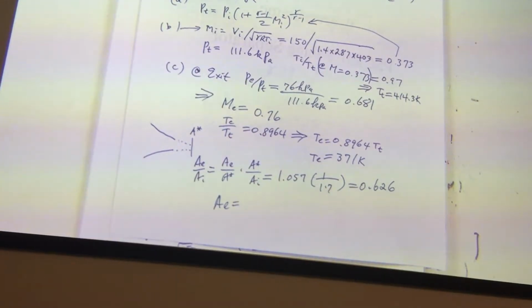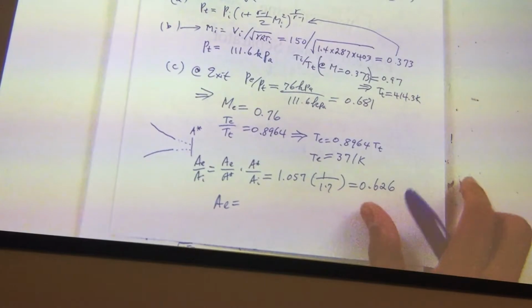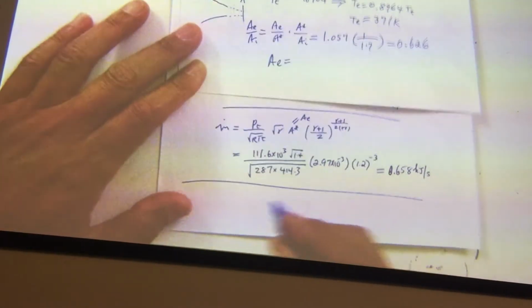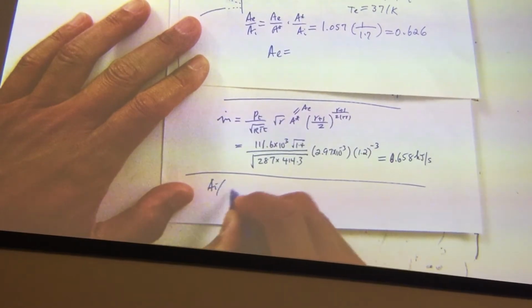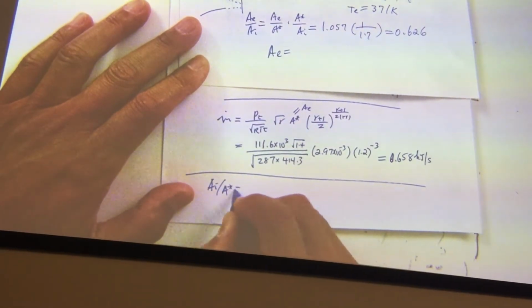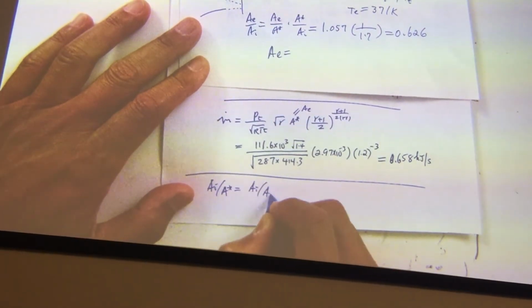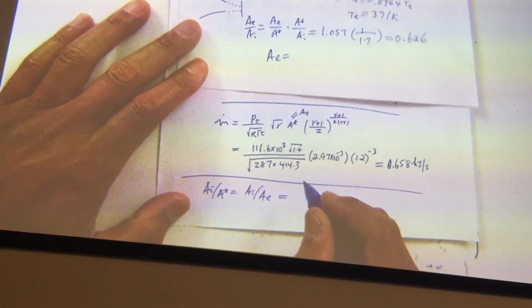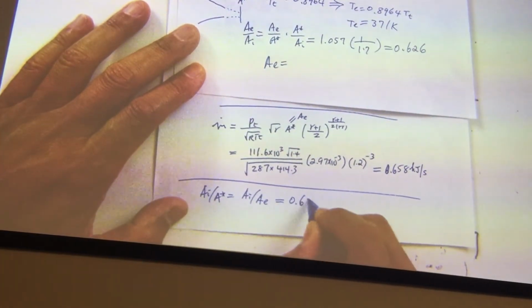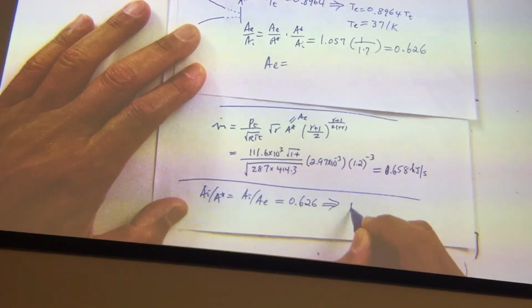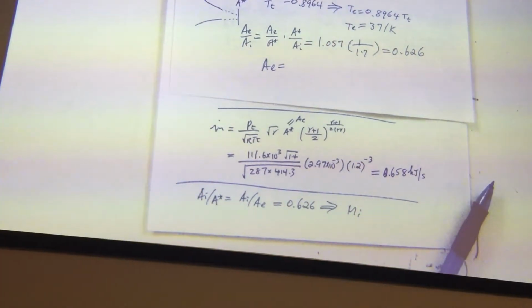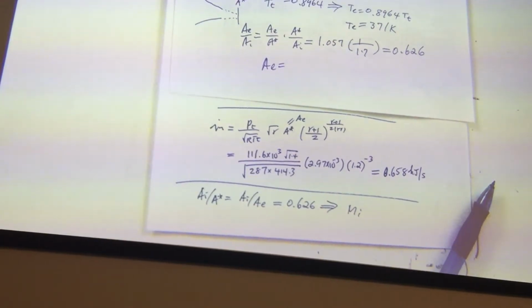And then you say, well, then what is it at the inlet? For example, in this case, your AI over A star is really AI over AE, is equal to what? We already did it, 0.626. Then I can recalculate MI.